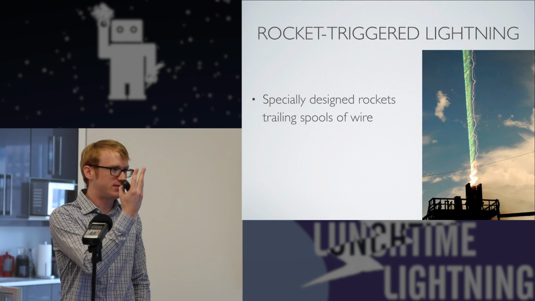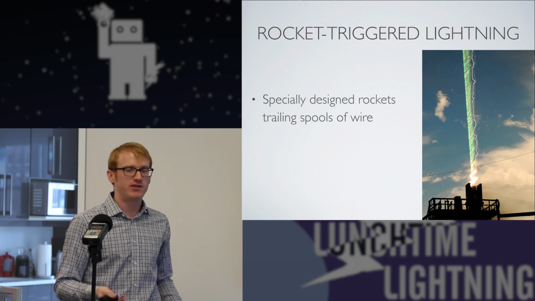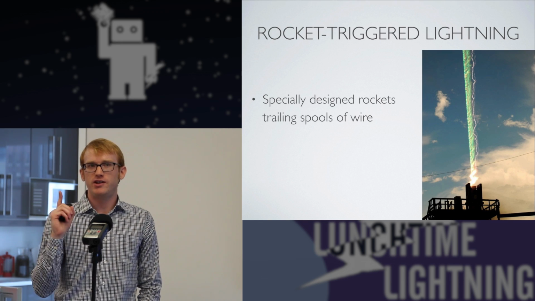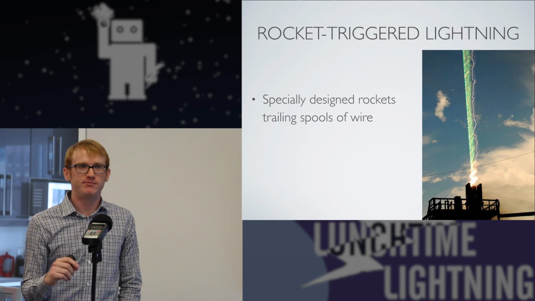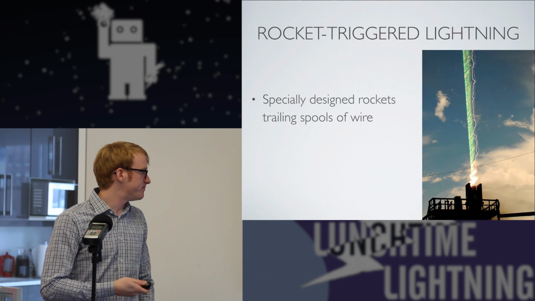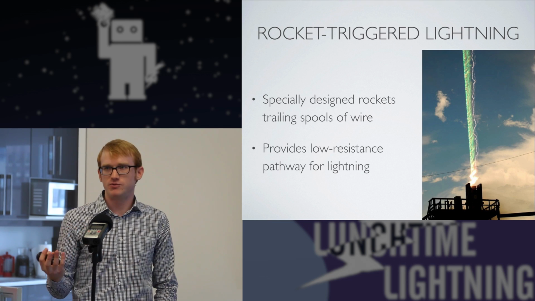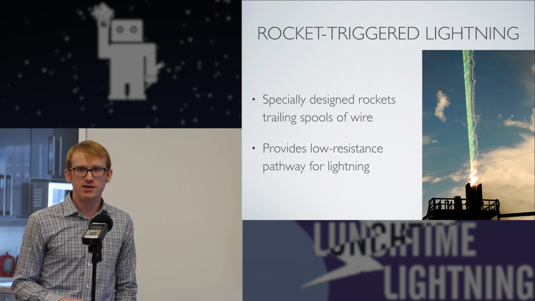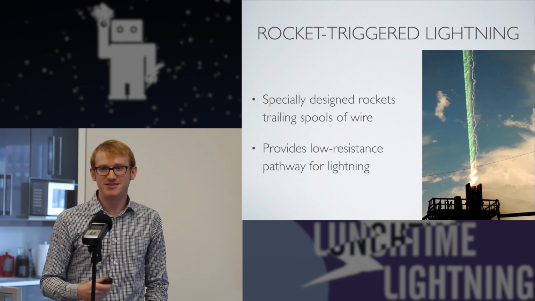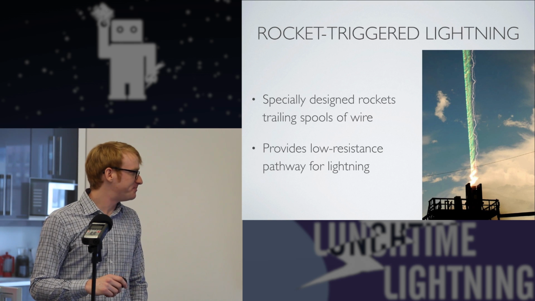So we shoot a rocket up, it has the wire trailing it, kind of like a kite, and we shoot it up into a thundercloud that's ready to basically produce lightning. And then the lightning sees that spool of wire as the lowest resistance way to get to the ground, takes the path and destroys the rocket, and we have lightning. It's pretty cool. Do we use it?